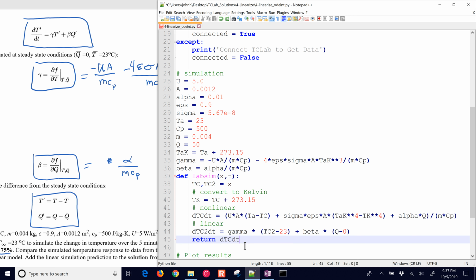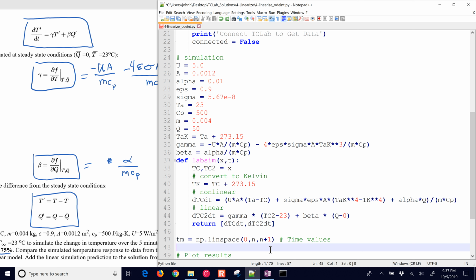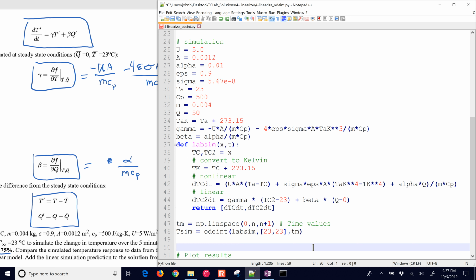Then I'm going to need to return not just the dTC/dt, but let's also return the linear derivative as well. And then we have our time for integration. And Tsim is going to be odeint of lab sim, and then I put in my two initial conditions, and then the time. So it's going to integrate both of those differential equations with one function.